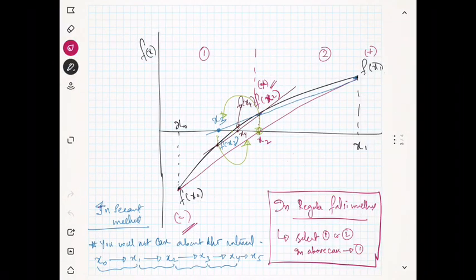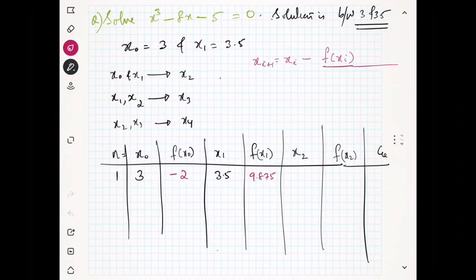So by substituting this, it is f of xi minus f of xi minus 1 whole divided by xi minus xi minus 1, so it will come in the numerator. See? So we will be getting this. So by using this equation we will calculate x2.